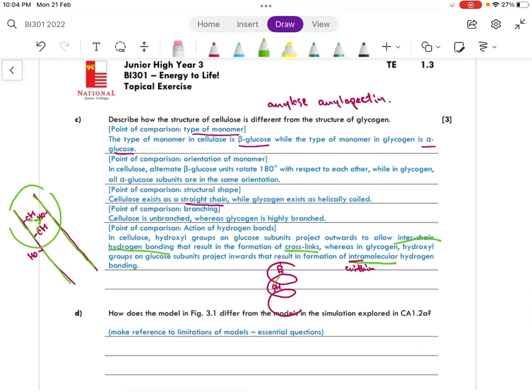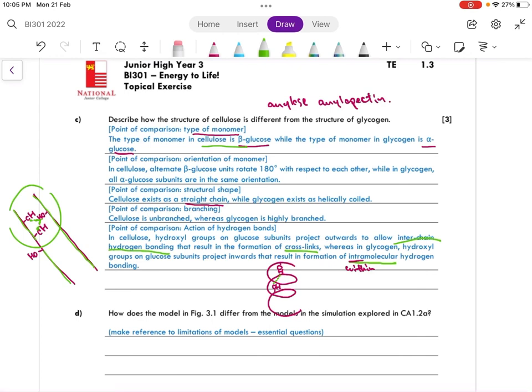Part C, every time you do a compare and contrast, please compare point by point. What do I mean by that? Do not do this. Some students have a tendency of listing everything out about cellulose first, then they list out about glycogen. For example, they may say, okay, cellulose is made up of beta glucose, and every alternate beta glucose unit will rotate 180 degrees, and then they exist in a straight chain, and then it's unbranched.